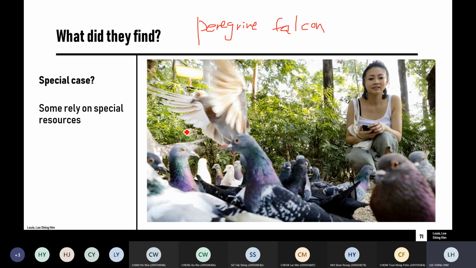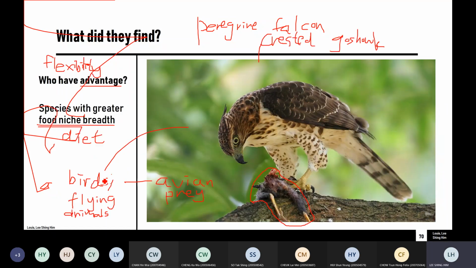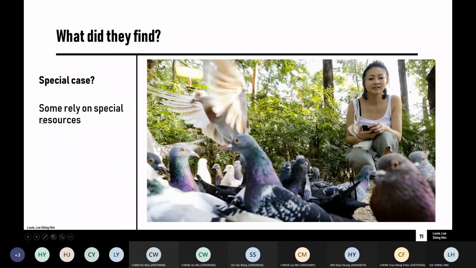But once the prey gets airborne, meaning the prey is flying in the sky. Special resources.